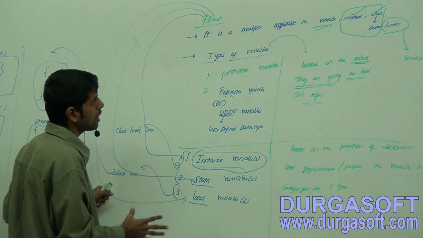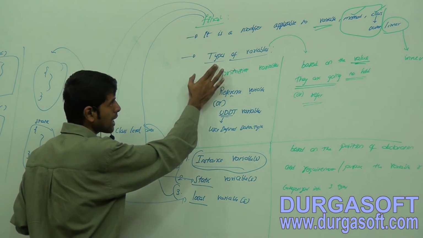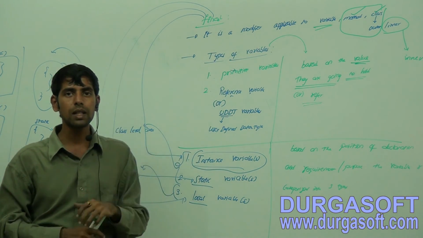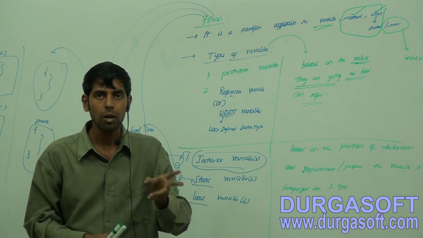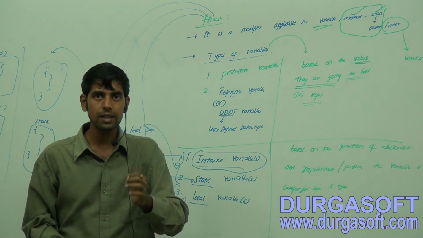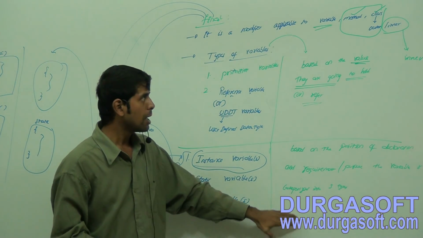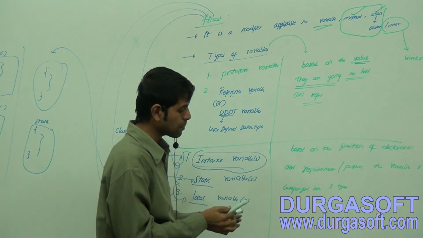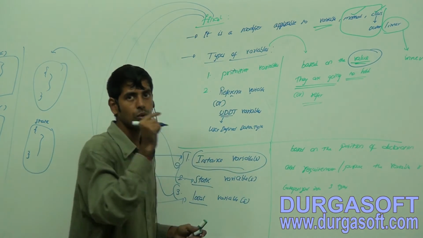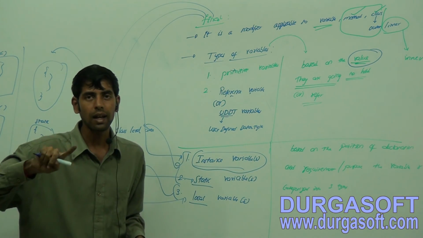Now observe here, we have discussed types of variables. These variables have been categorized by considering two things. What is the first one? Based on the value a variable is going to hold or refer.